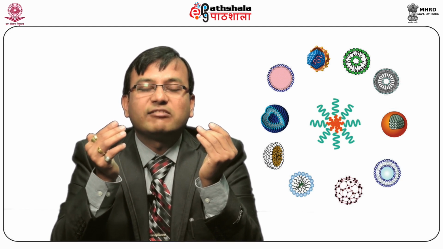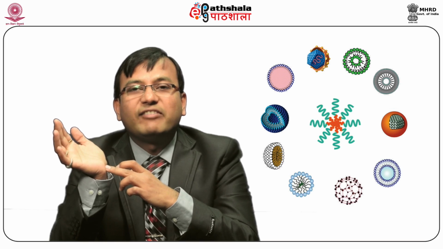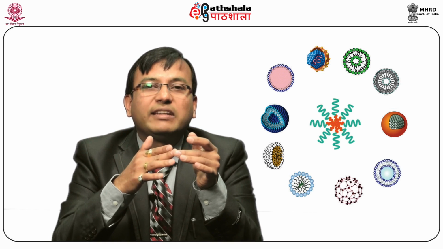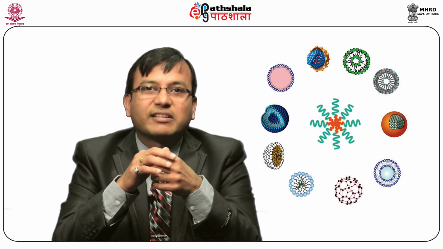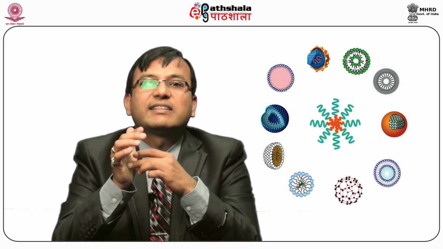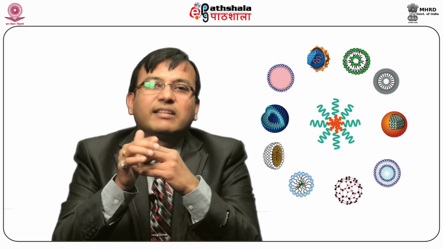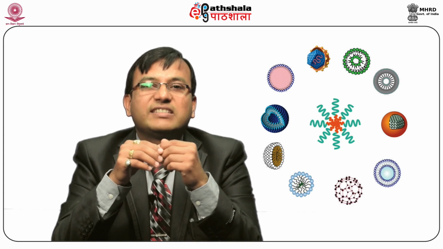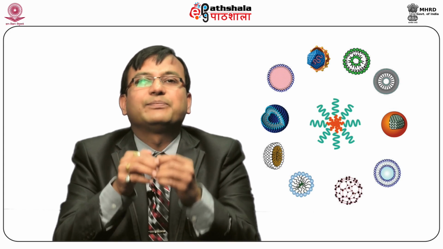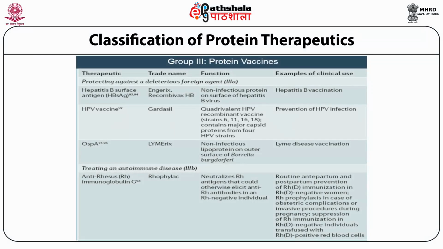It cannot distinguish whether these are foreign invaders or the body's own cells. So this leads to autoimmune disorders, and this helps in understanding the molecular mechanism that allows the immune system to protect the body against infectious disease and cancer. This table summarizes various protein vaccines.